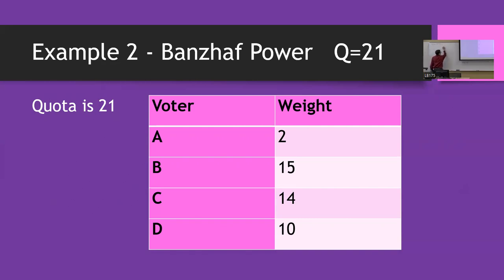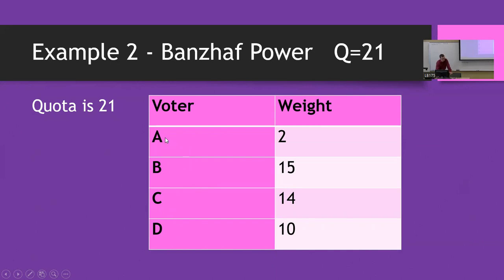To start with, again, the quota is 21, so all we have to do is say what coalitions, what groups, add up to 21 votes. Well, A and B do not. No individual has 21 votes, so all of the single individuals by themselves are out.